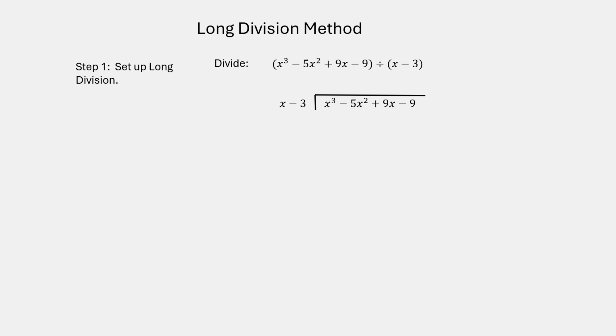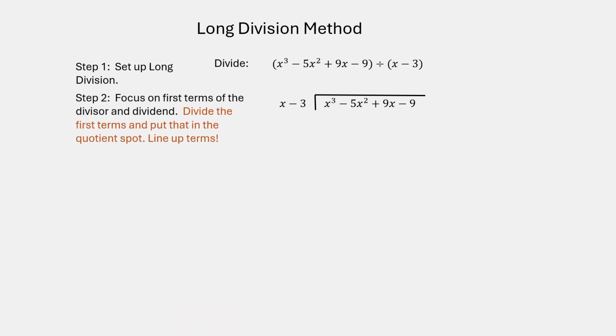Well, what you want to do is focus on your first terms. So we're only going to look at the x in x minus 3. We don't care about the minus 3 at all. And we're only going to look at the x cubed at this point in time.